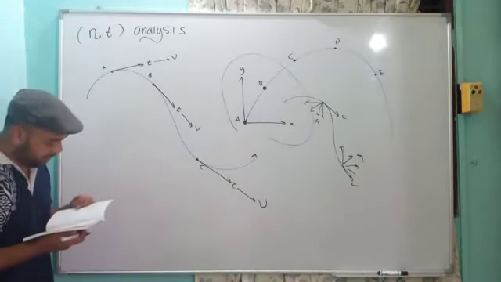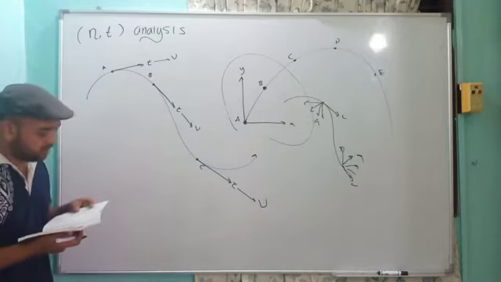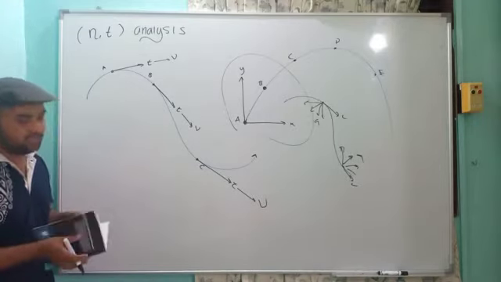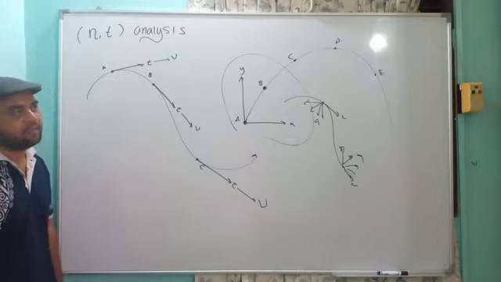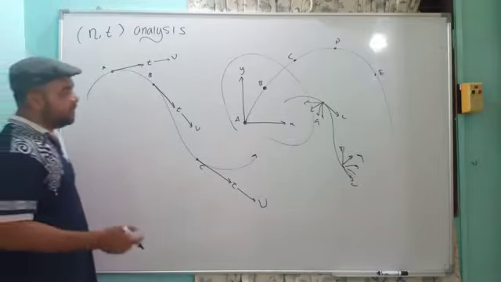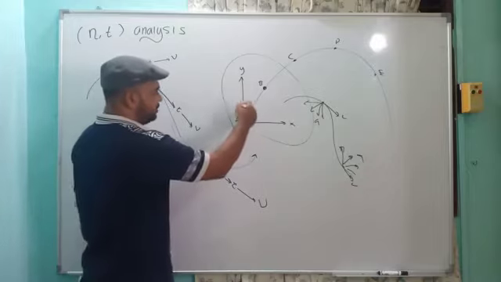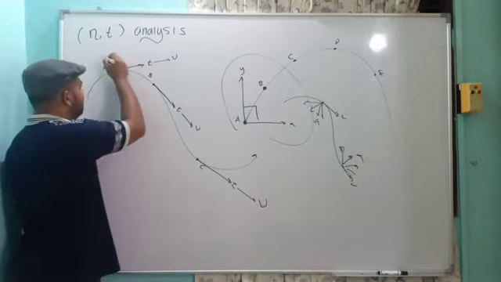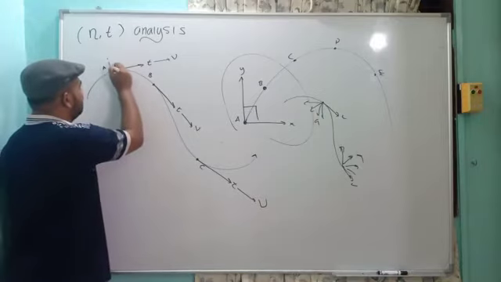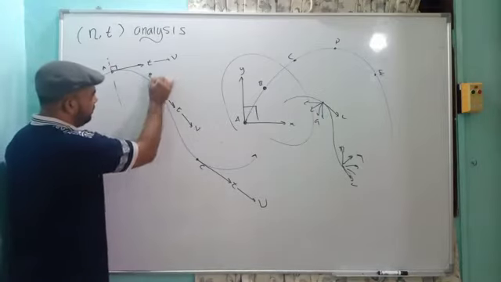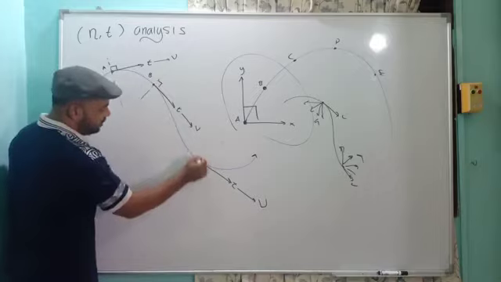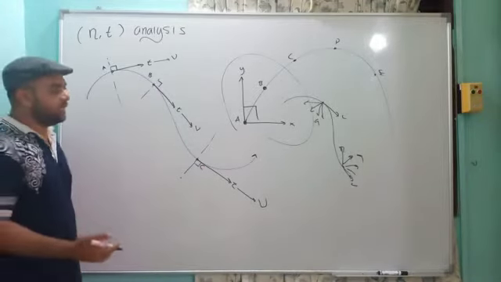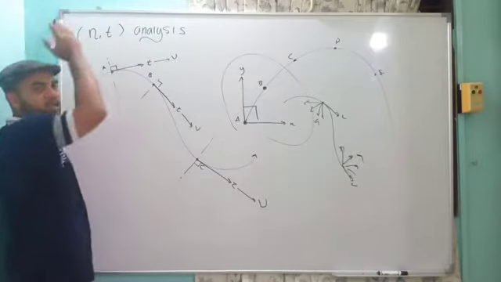Then we have the n-axis, always perpendicular to the t-axis and directed toward the center of rotation. Remember that the xy axes, and all axes, must be 90 degrees to each other. So the second axis here must also be 90 degrees to the first one. But in which direction, downward or upward?